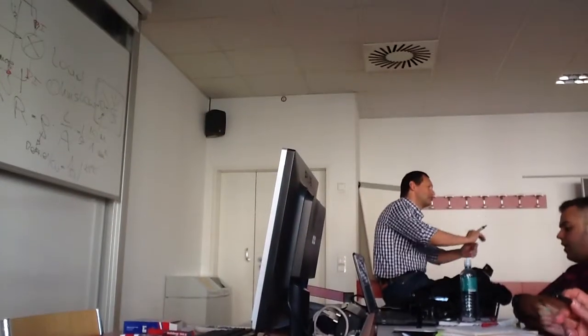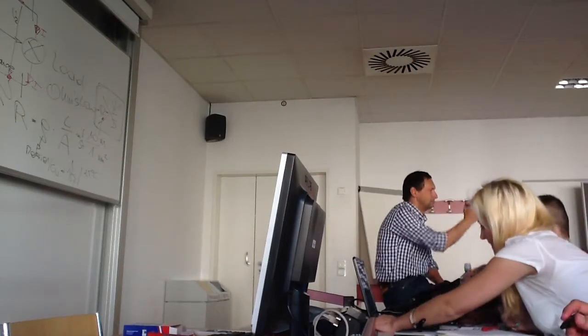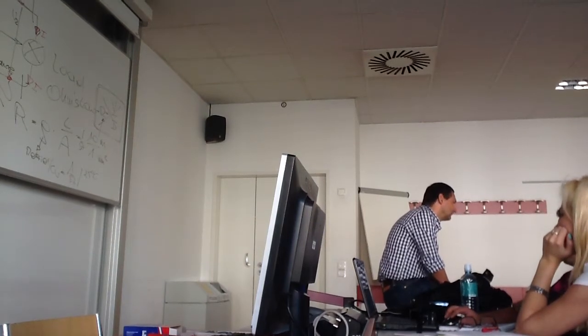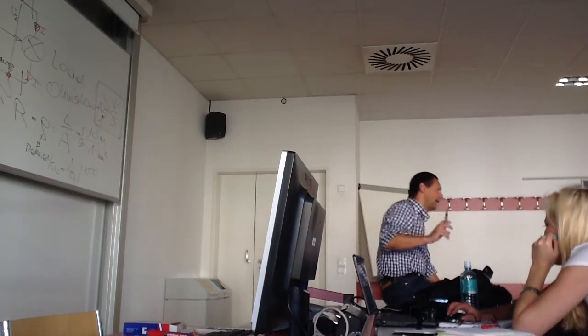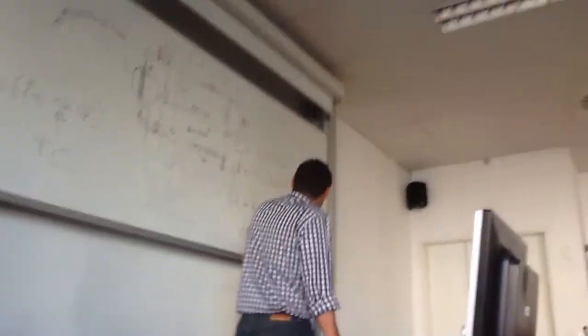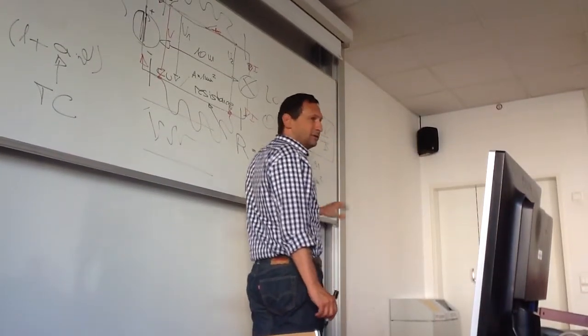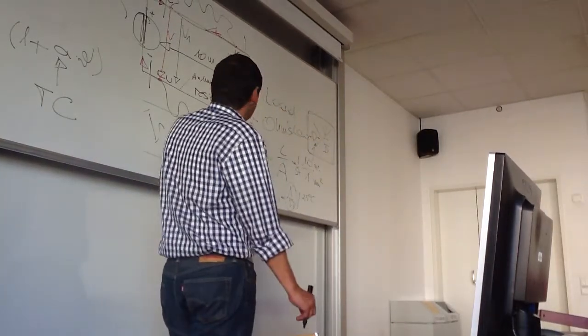So if you change the material, then the resistance will change. If the wire in consideration is not copper, then you have to change this 1 over 57, because this is the material specific constant. So the resistance of the wire is only depending on the material and on the geometry.